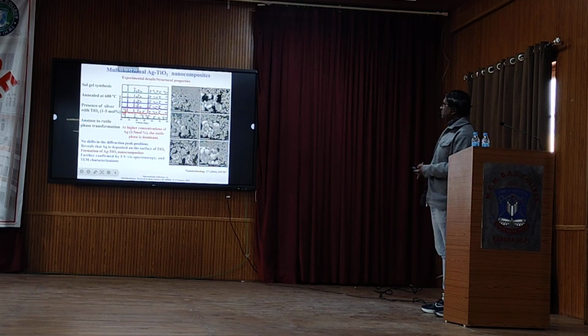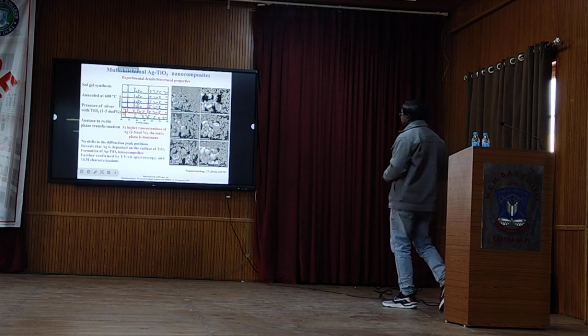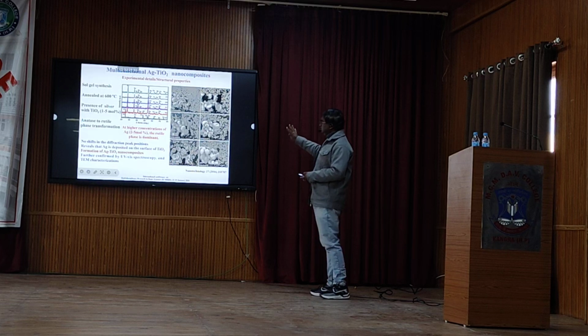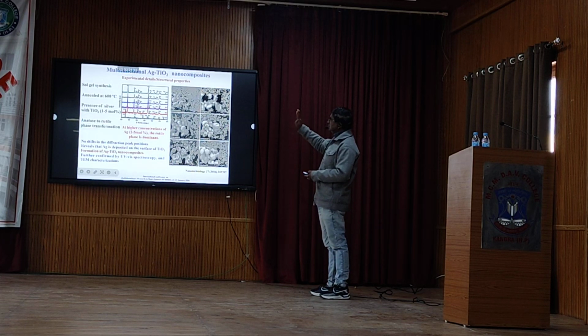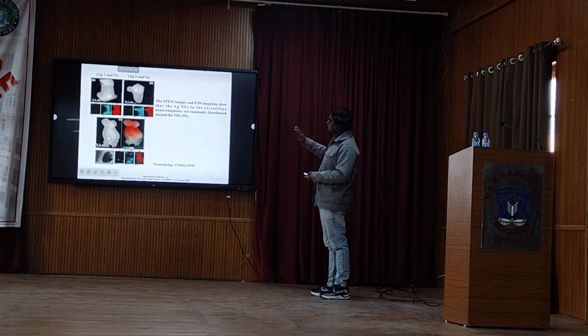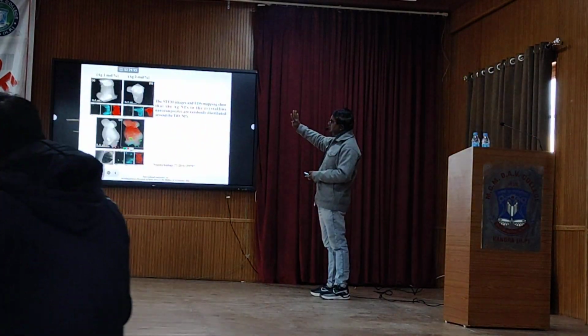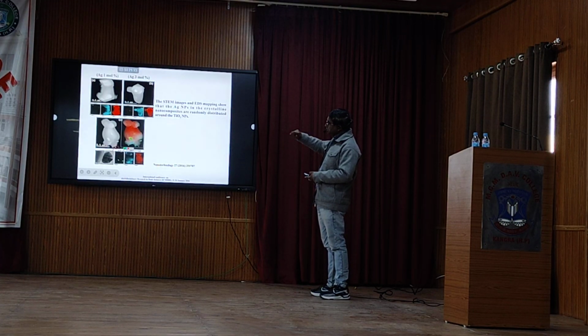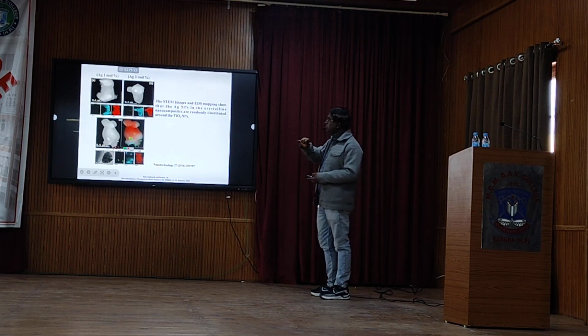Some examples, we have less time actually, so I'm not going into too much detail. An example of silver titania, a similar combination of metal and semiconductor. Here we can see the bigger particles are titania, TiO2, titanium dioxide nanoparticles, even microparticles, and the green color you can see are the silver nanoparticles.